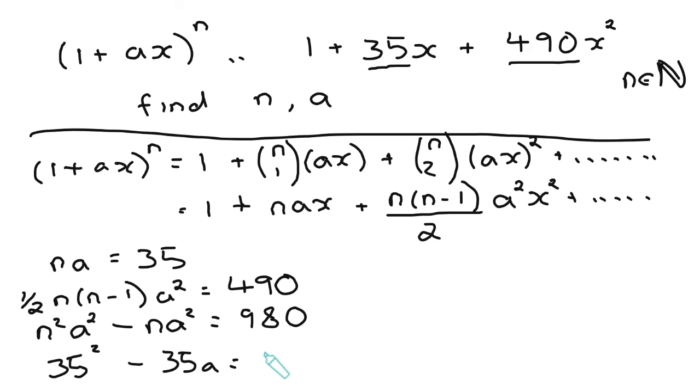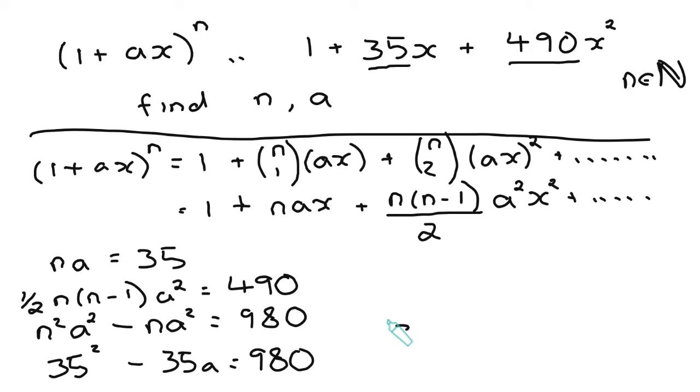And that equals 980. So I'll leave it for you just to check that what you would do here is take 35 squared away from 980, and then you're going to have to divide by minus 35.